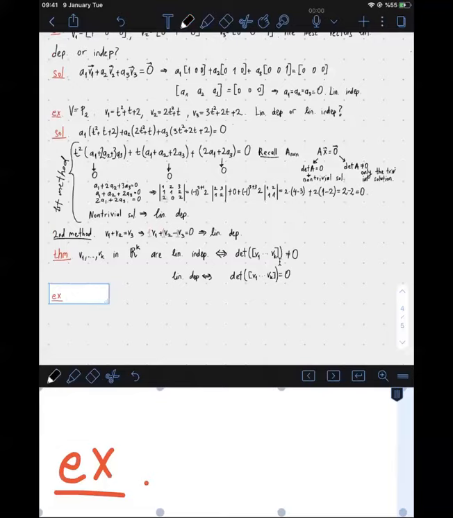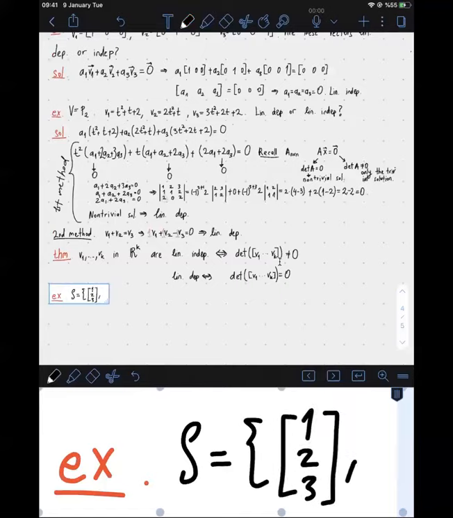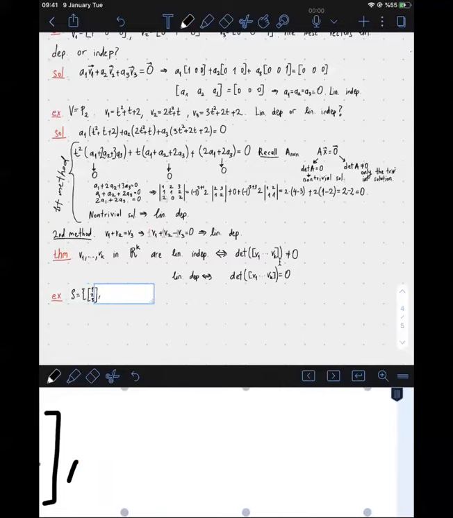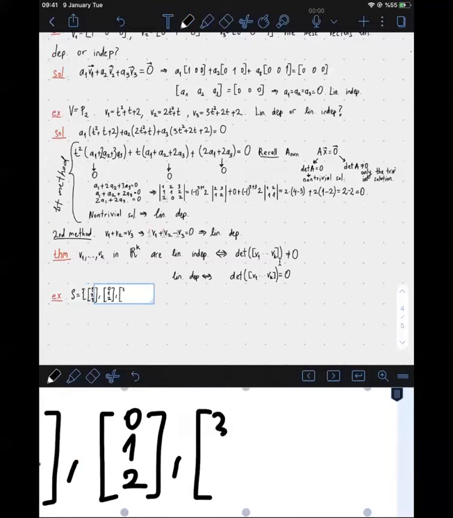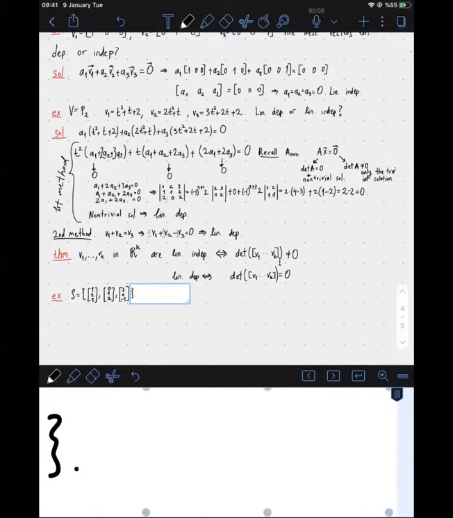Let's consider these vectors: 1, 2, 3, and then 0, 1, 2, and then 3, 0, minus 1. The question is whether these three vectors are linearly independent or dependent.